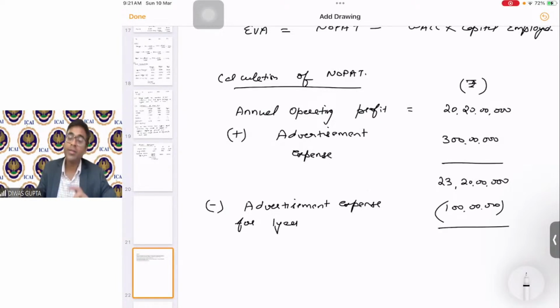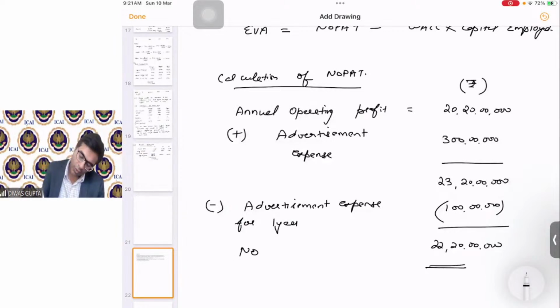Correct, because 3 crores is for 3 years, so 1 year has already passed, and 1 crore should get reduced. Agreed? So 22 crore 20 lakhs. This is the NOPAT.